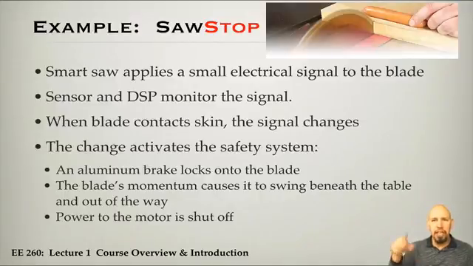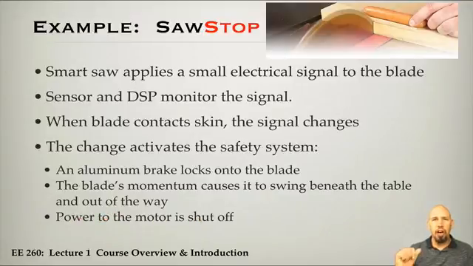Even though the blade is spinning, it destroys that block of aluminum, but in the process, it stops the blade. Second, the momentum of the motor also causes the blade to swing out of the way. And the third thing is it shuts the power to the motor off.